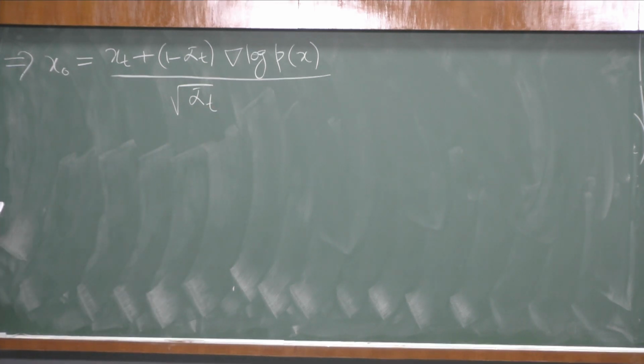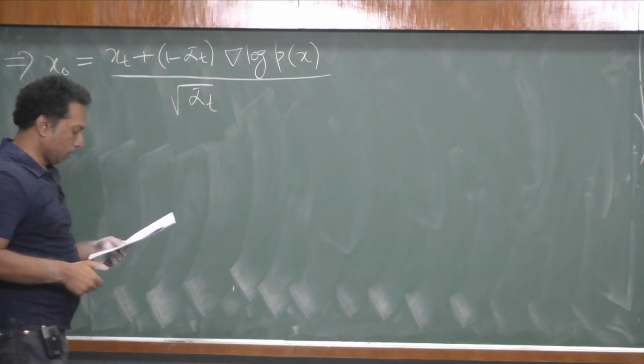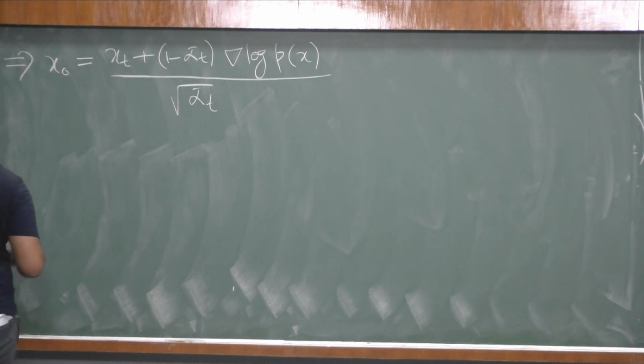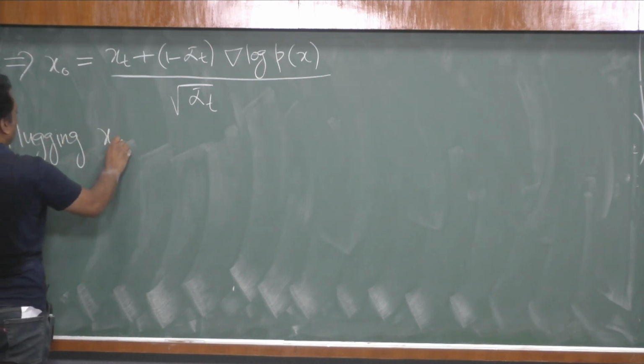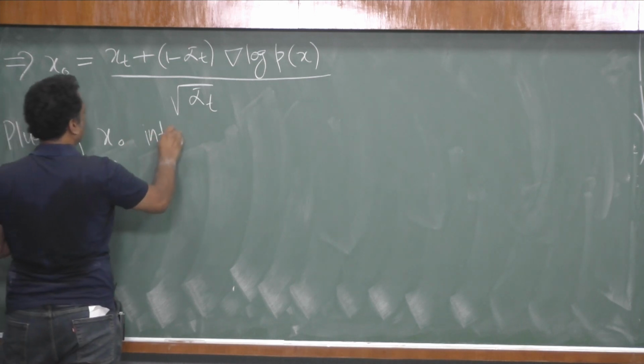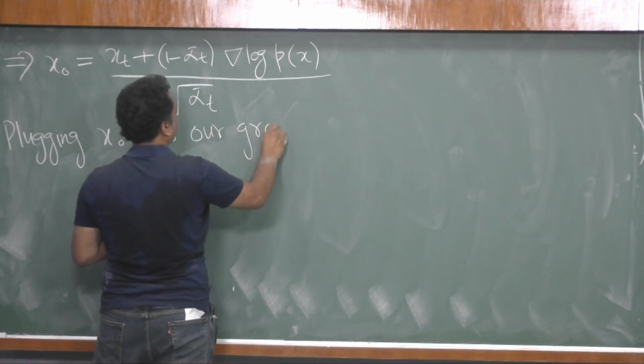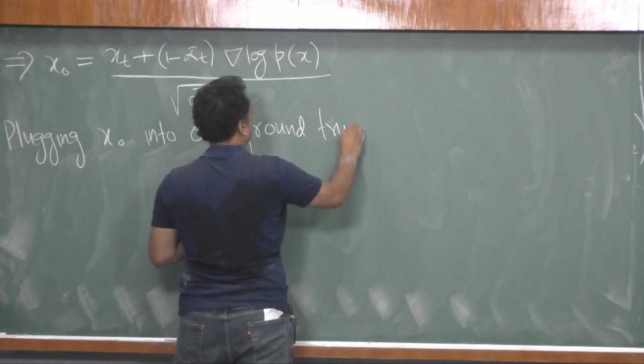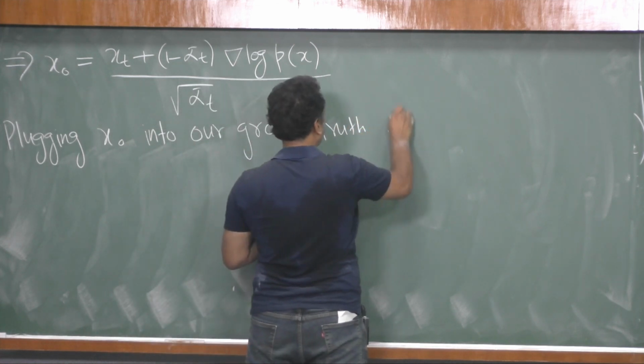So we have solved for that, and now with this x naught we will plug into the ground truth denoising transition that we have done in the previous variants.